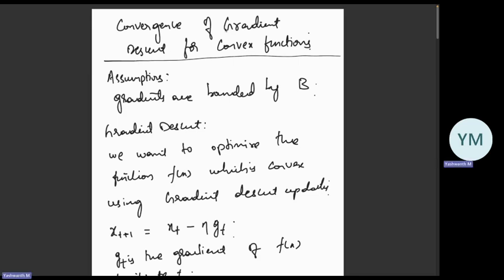In this video, we will discuss the convergence of the gradient descent rule for convex functions. The key assumption we make in this analysis is that gradients are bounded by a constant B, a positive constant B. When we say gradients are bounded, the norm of the gradients is bounded by B, which also implies that the function is Lipschitz.